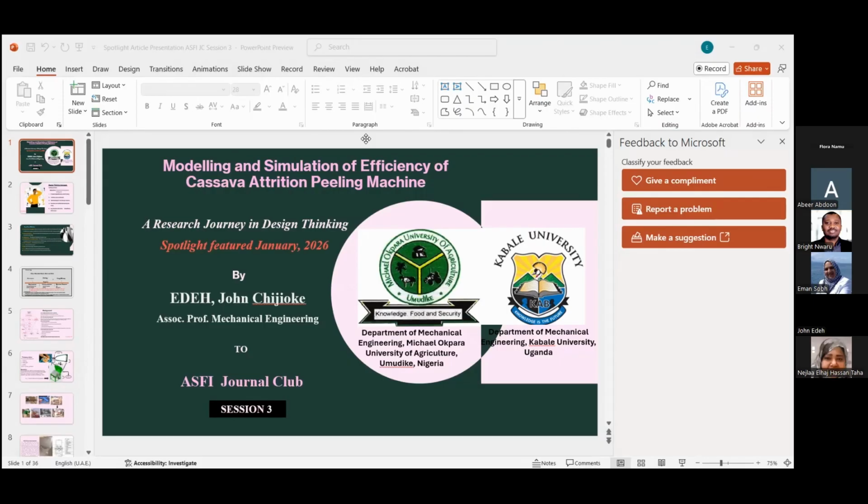What are the properties it has? Those properties, physical features, mechanical features, or whatever, are part of the input variables that will help you generate a solution, because you cannot solve a problem you don't know.